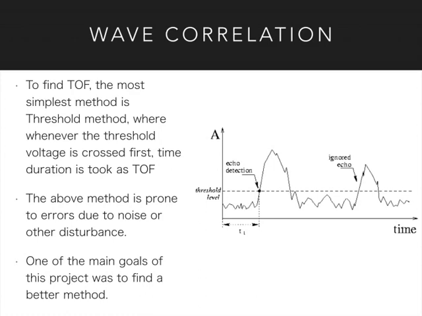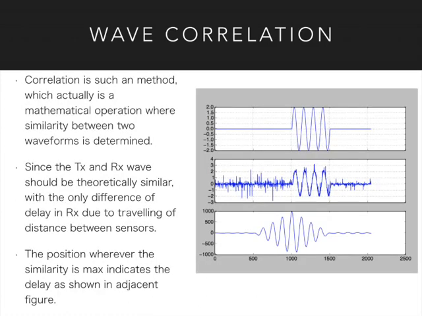A better method is to find the correlation between the waves of transmitter and receiver. This is the method we have developed during this time. Correlation is a mathematical operation where the similarity between two waves is determined.